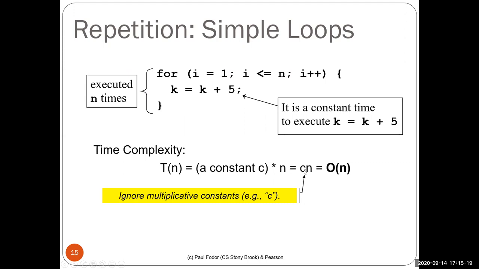So this will be equal to c multiplied with n, but again, because c is a constant, it will take constant time to add 5 and assign it back to k, we can ignore it. So we'll ignore the multiplicative constants, and we are getting that this algorithm has a growth rate of n. So in big O notation, O of n is the time efficiency of this algorithm.